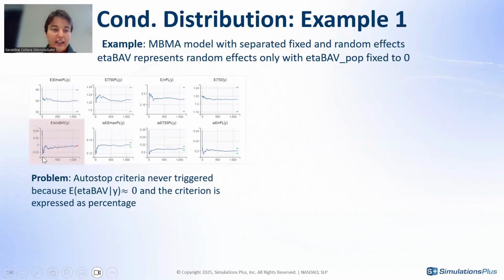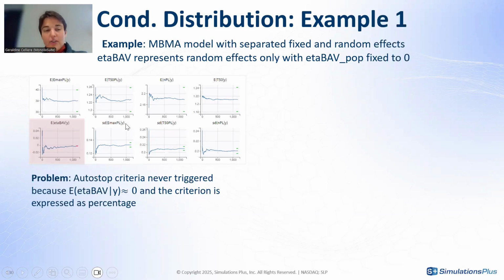And you see here that the mean over the individuals will tend to be closer and closer to 0 because the typical value that I have fixed is 0. And because our tube width is defined as a percentage of the last value, a percentage of 0 is 0. So my tube is super thin, and I never manage to have the entire trajectory in the tube.